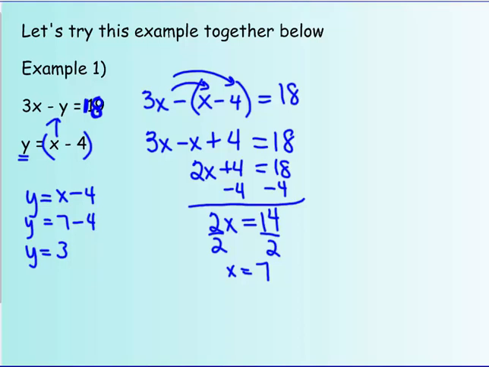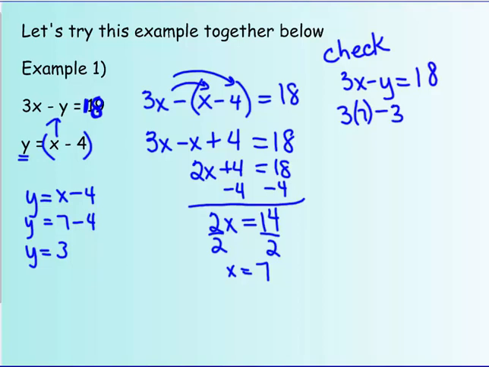So I'm going to check. 3x minus y, does it equal 18? So 3 times 7, which is 21, take away 3, y is 3. Is it 18? Yes, that is a correct solution. And the other equation is y equals x minus 4.